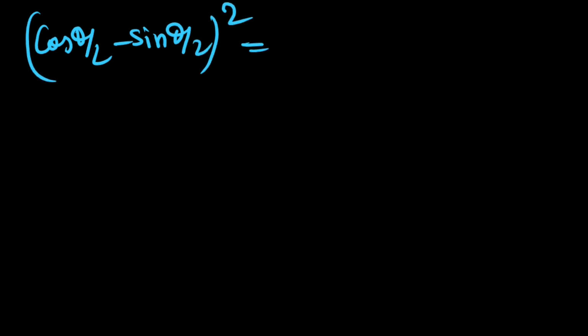So we got cos theta by 2 minus sin theta by 2 whole square is equal to 1 minus sin theta.